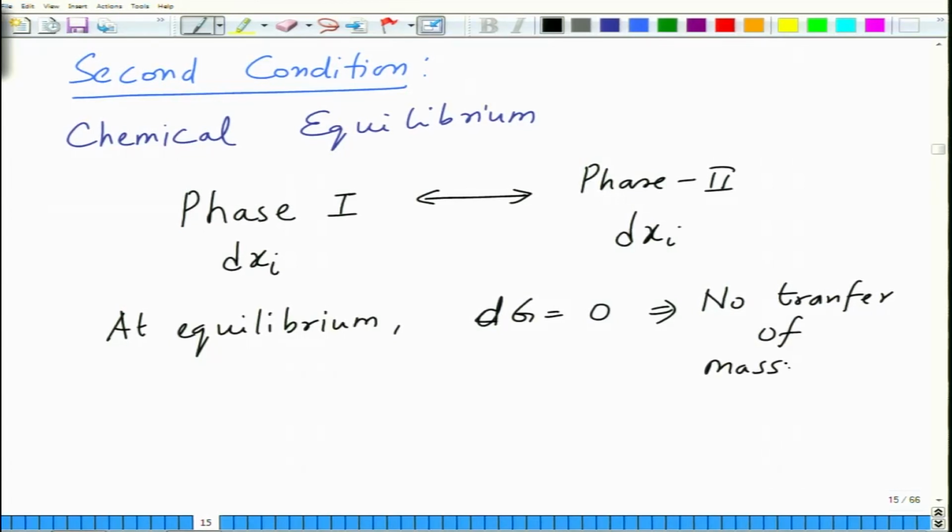What it means is that basically no transfer of mass. For mass transfer to happen, if we are considering the transfer from 1 to 2, and dG for this process is less than 0, which means it is spontaneous.